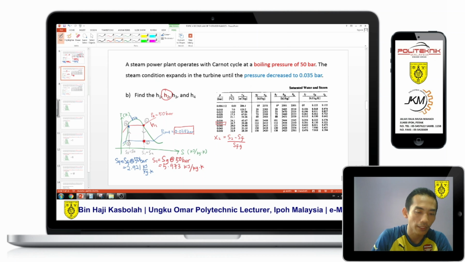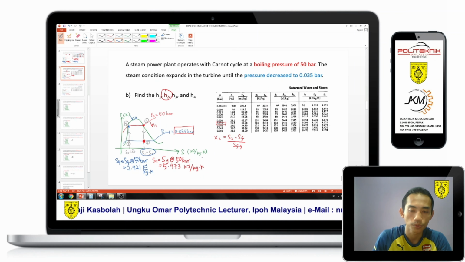We know that S1 equals S2. So this equation will become 5.973 minus Sf.